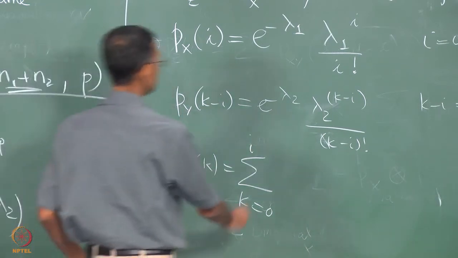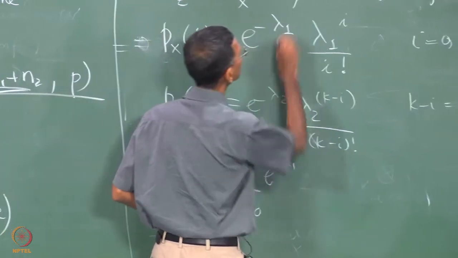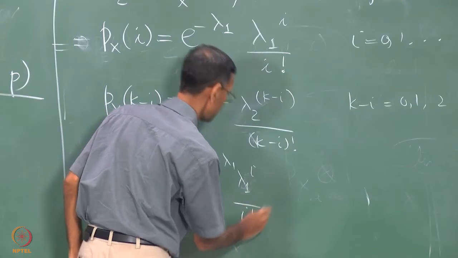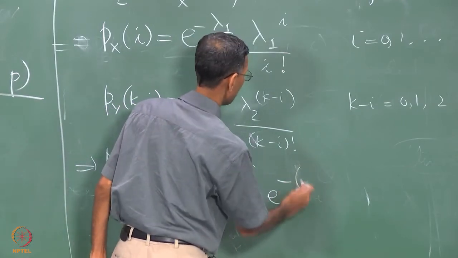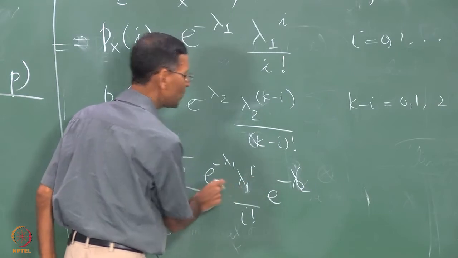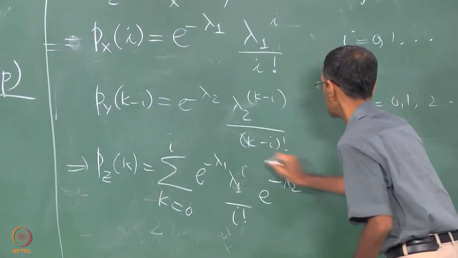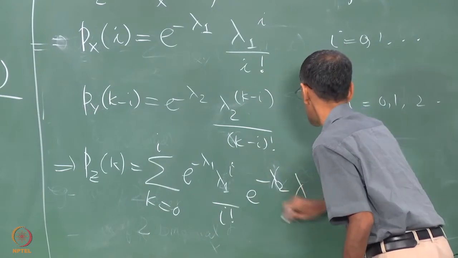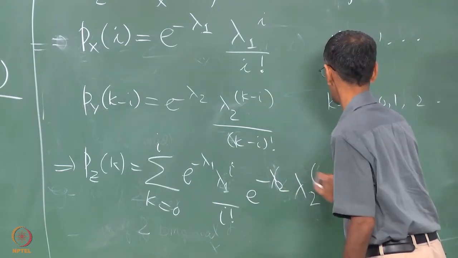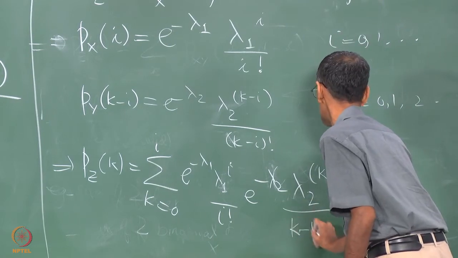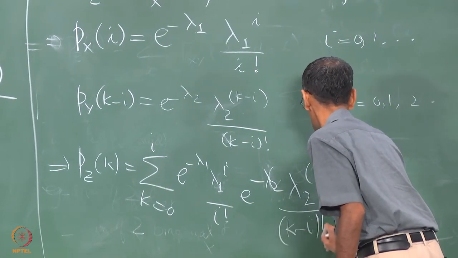So e power minus lambda 1, lambda 1 to the power i by i factorial, e power minus lambda 2. See now how you get the e power minus lambda 1 plus lambda 2, straight away you get that. Lambda 2 to the power k minus i by k minus i factorial.